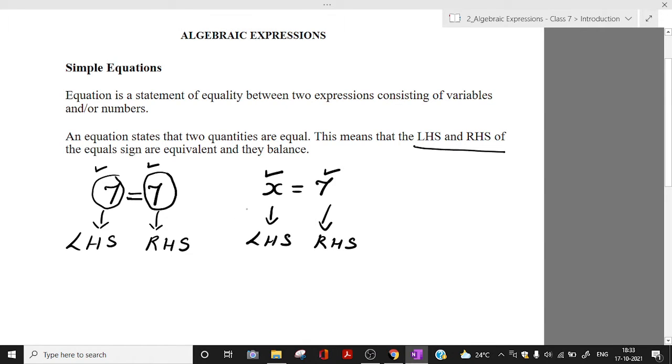So in this case, we say that the value of x is 7. Both 7 is equal to 7 and x is equal to 7 are called equations. Okay, I hope this is understood.